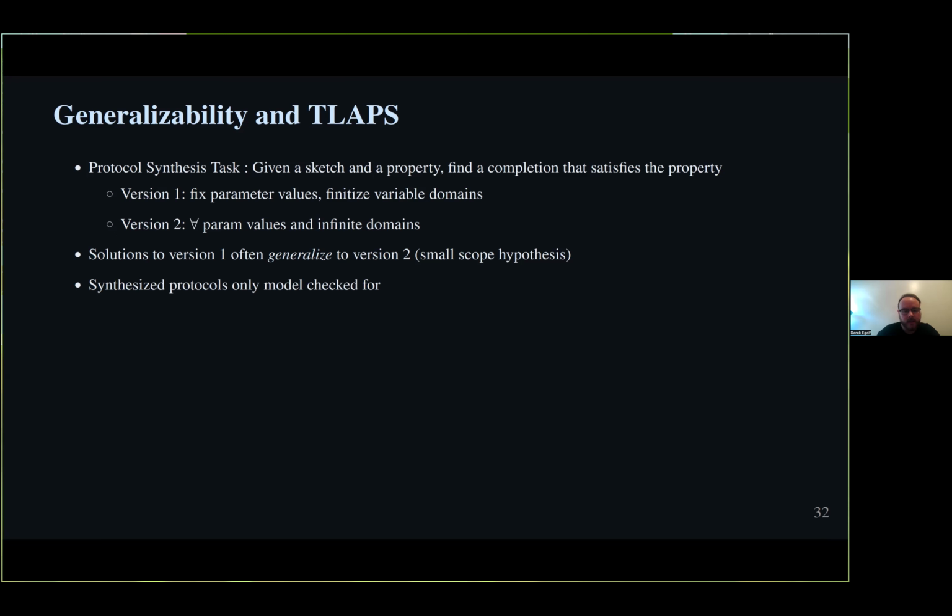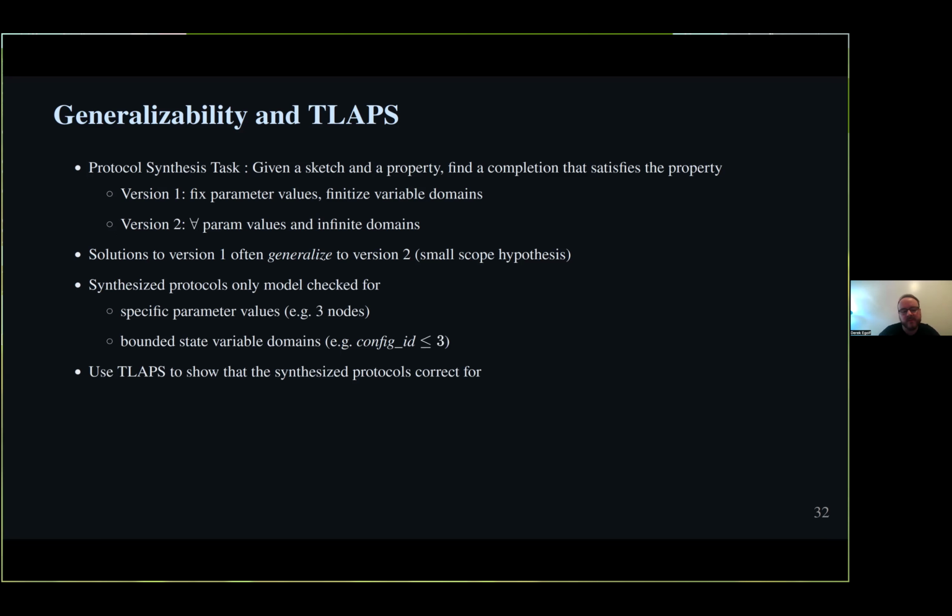And so the point I'm making here is that in that last table, those results that we obtained were obtained by synthesizing protocols that were only model checked for specific parameters, for instance, 3 nodes participating in the protocol, and for bounded variable domains.